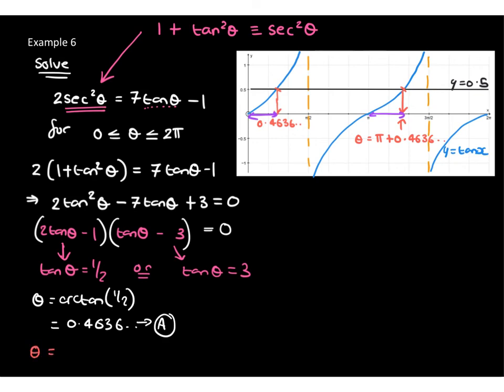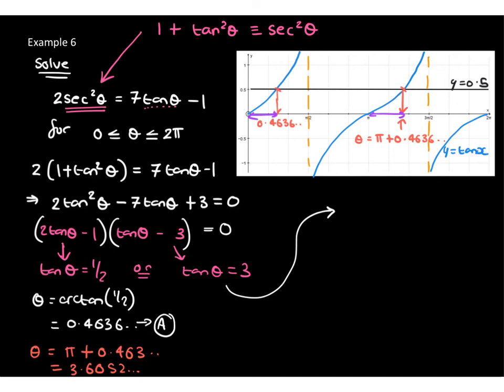So theta also equals pi plus 0.463, which comes to an answer of 3.6052, etc.